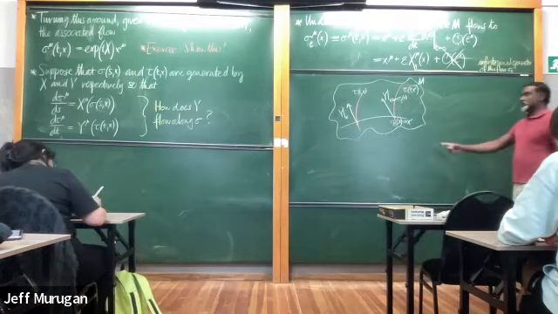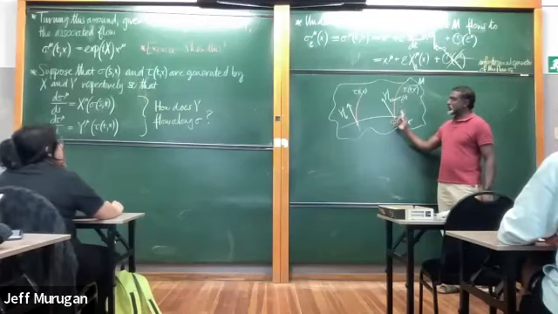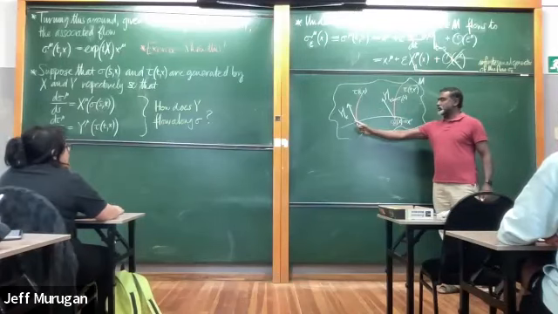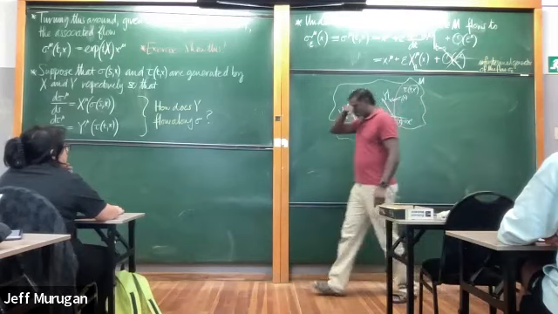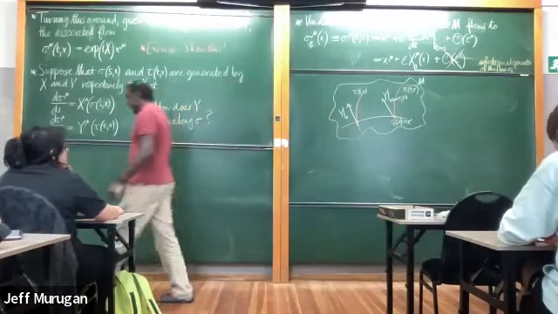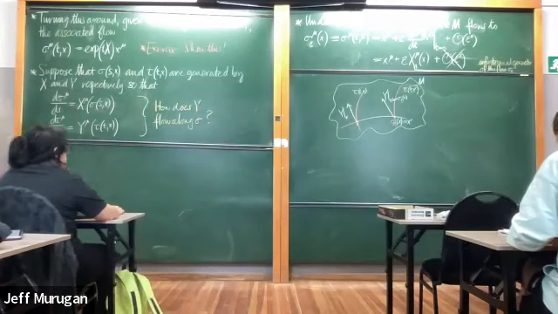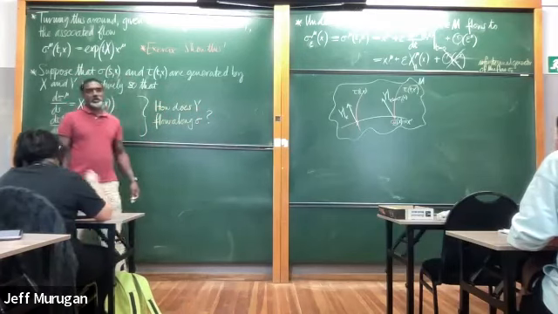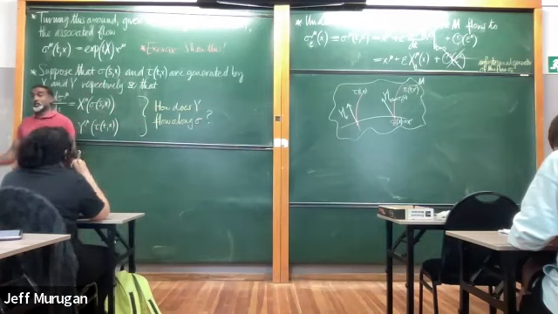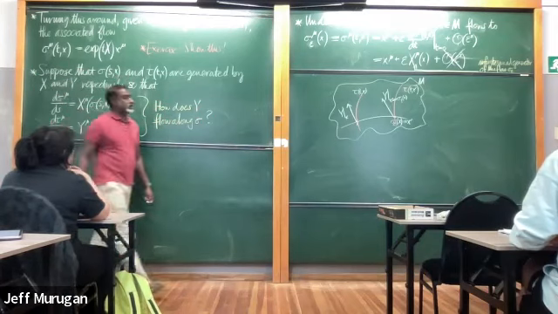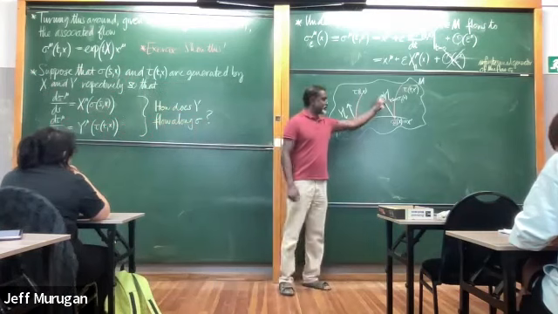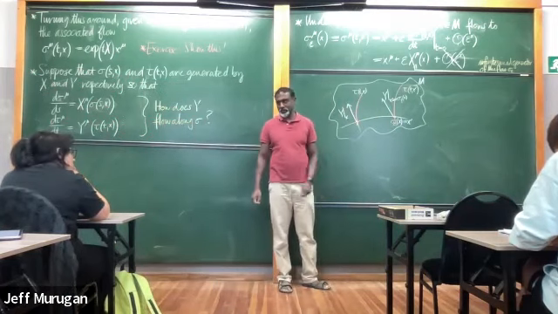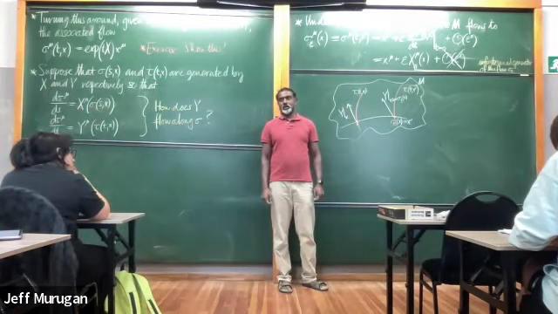I want to know how this vector y flows from here to here. Now, the obvious thing that you would think of doing is to take the difference between y evaluated at x prime minus y evaluated at x. Why is that wrong?